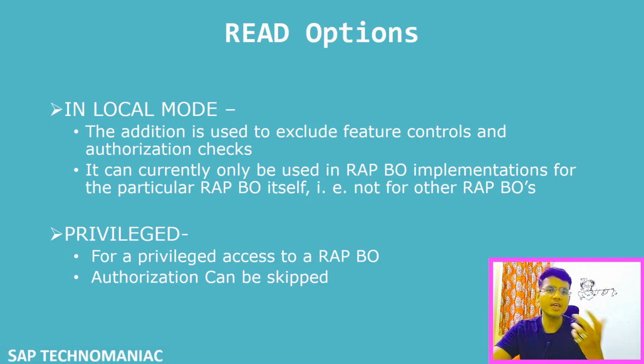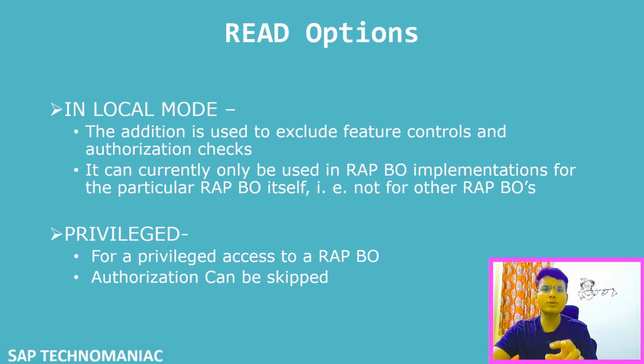For example, in the behavior classes, we are calling the same business object for reading the same BO. In that case, we will use in local mode because we already checked the authorization. We don't want to check the authorization again and again. So in that way, it will avoid the authorization and the feature control also.